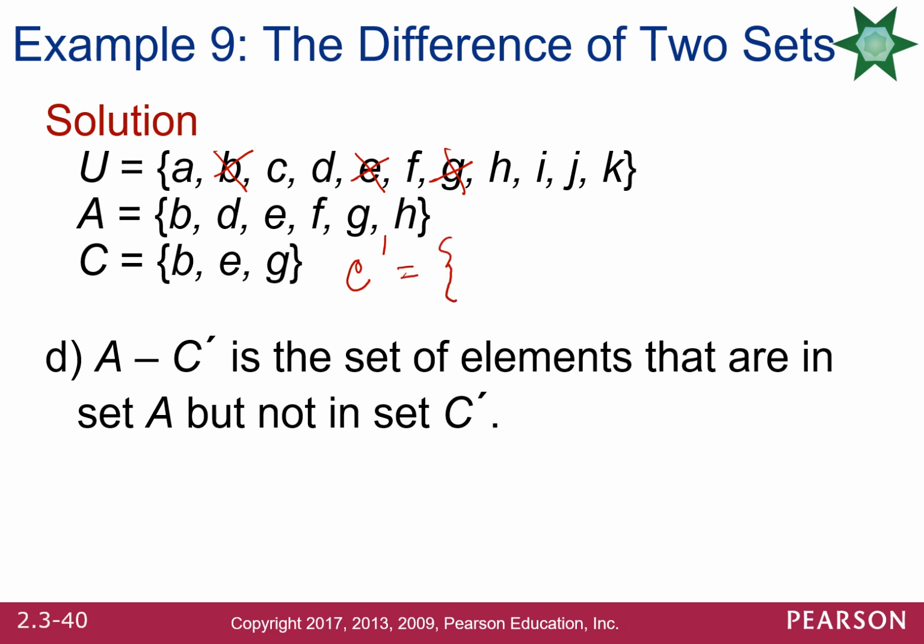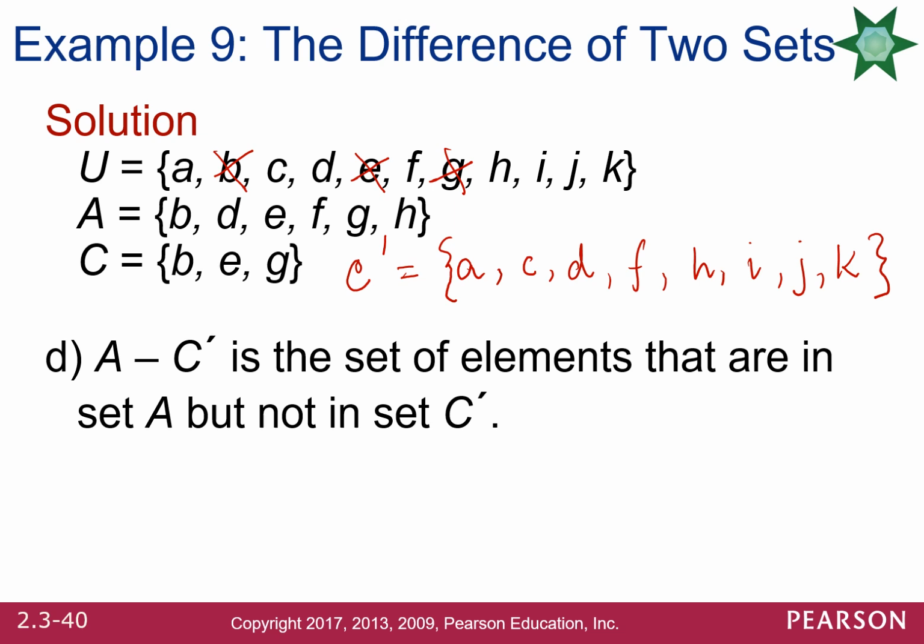C, will comprise of these elements: A, C, D, F, H, I, J, and K. All right, A, C, D, F, H, I, J, and K. So that's going to be our C naught. So what are we subtracting here from?